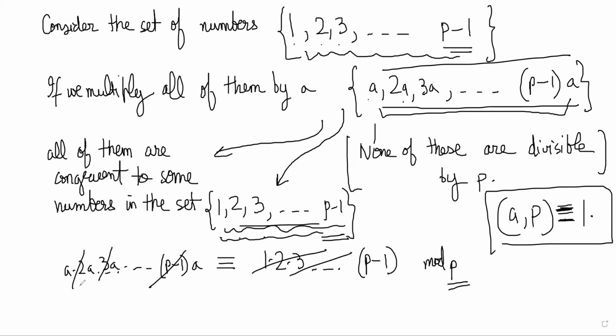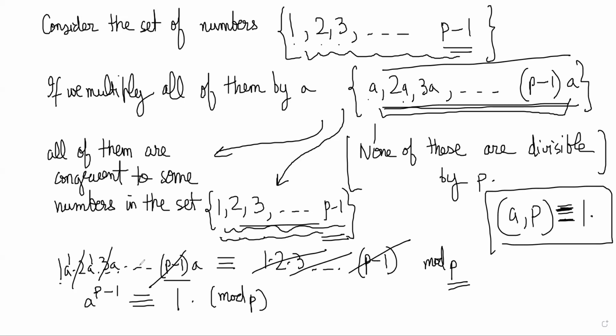So we will get eventually here A power P minus 1, because you're going from A power 1 here, A power 1 here, and from 1 to P minus 1. So A power P minus 1 is congruent to 1 mod P, right? Multiply it out and cancel all the 1, 2, 3, P minus 1 terms.